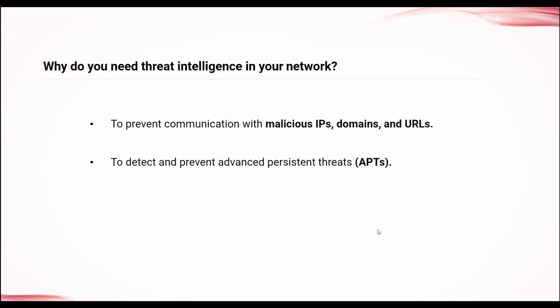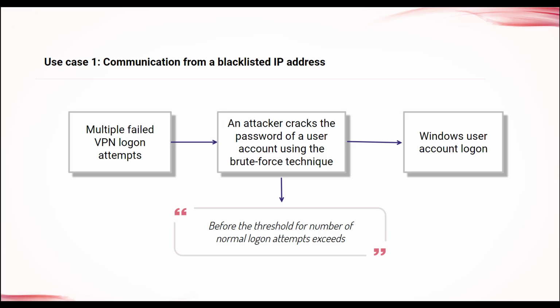Let's look at a couple of use cases to understand how Log360's threat intelligence platform works. Let's say a malicious IP address is trying to establish remote communication with a device in your network via a VPN.